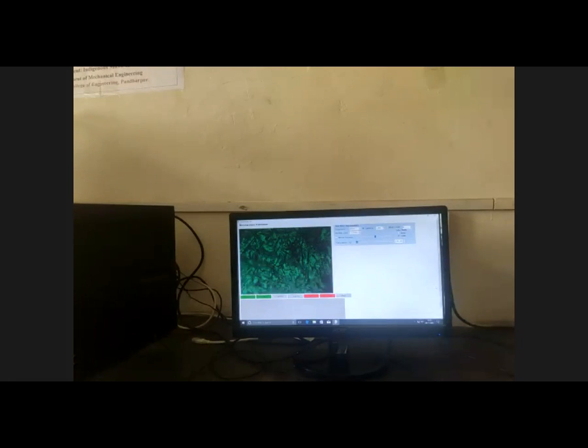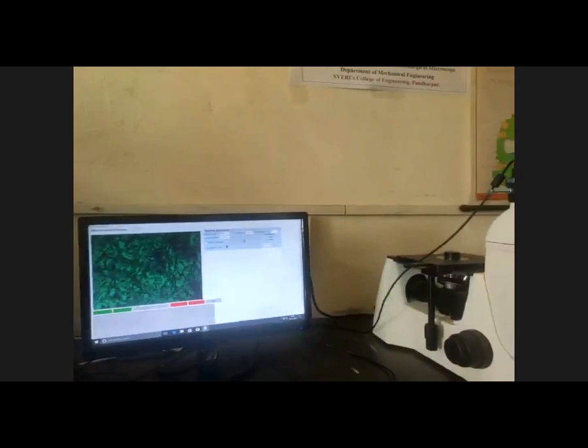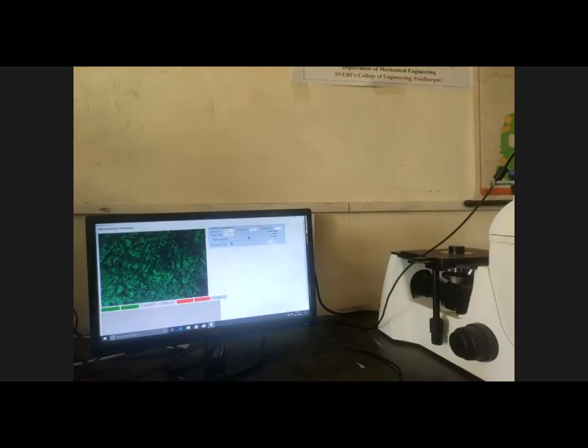Okay, so regarding gray cast irons now. Here I have kept one sample on our microscope. See that, I will touch my finger to the sample. Now it is visible, my finger.